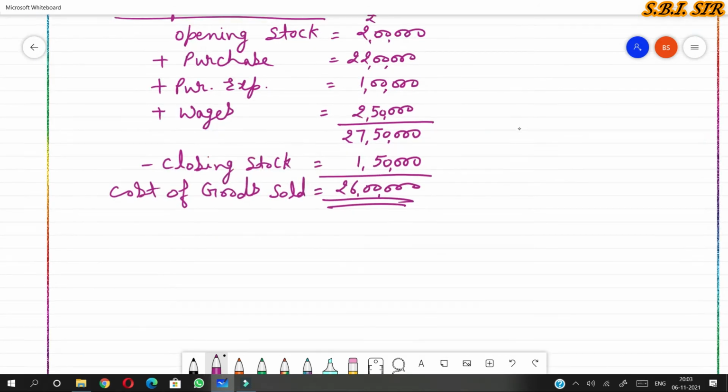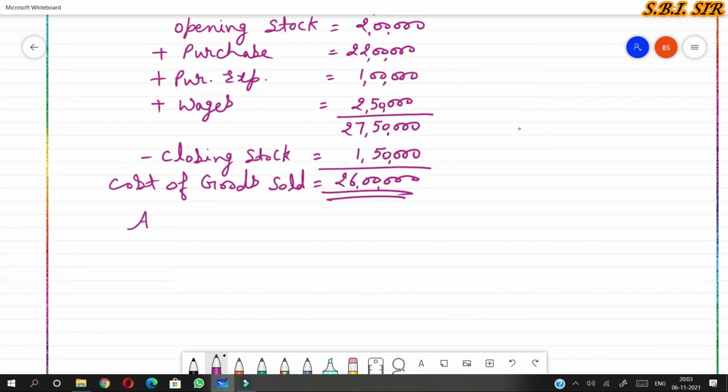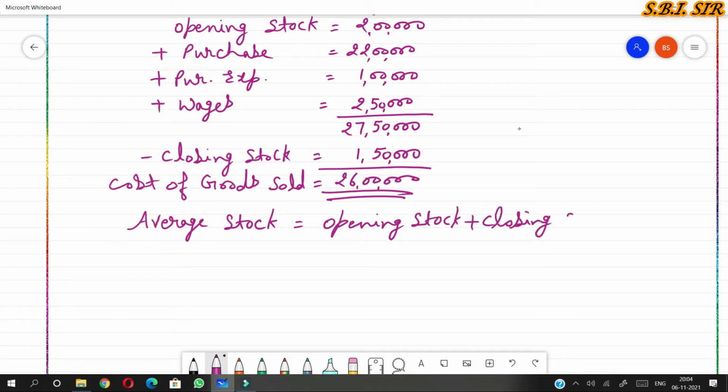Now we will find out average stock. Average stock equals opening stock plus closing stock divided by 2.